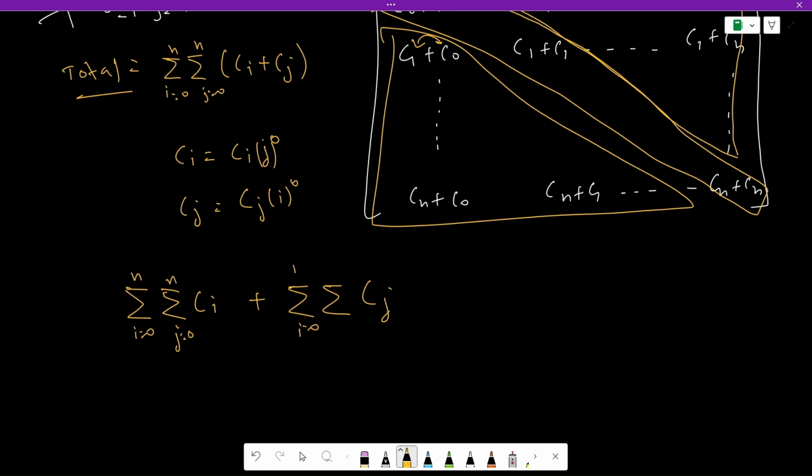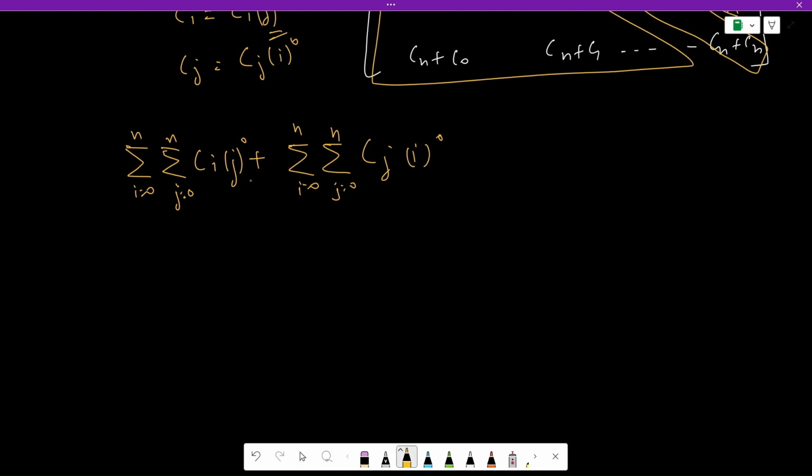Similarly, this also. Now, why I wrote this is to make you understand how this will be solved. So we can write it as j to the power 0, and this is also i to the power 0.